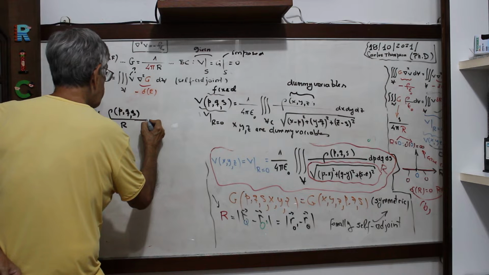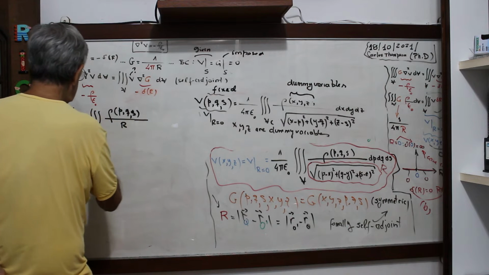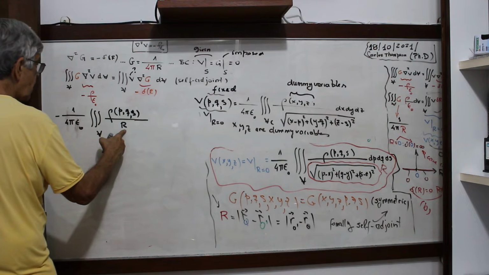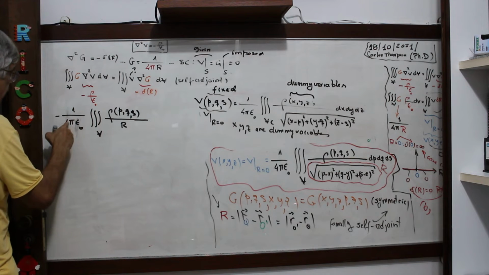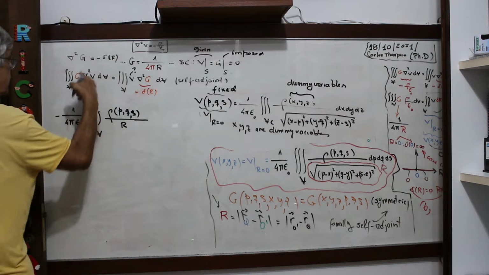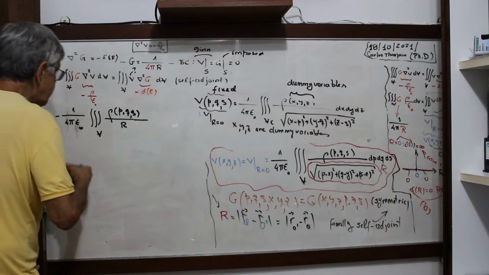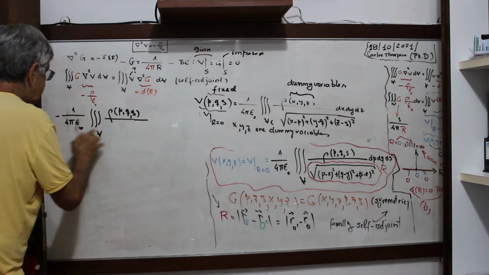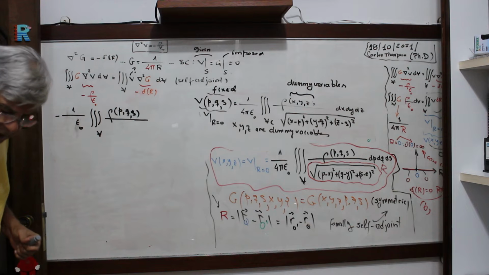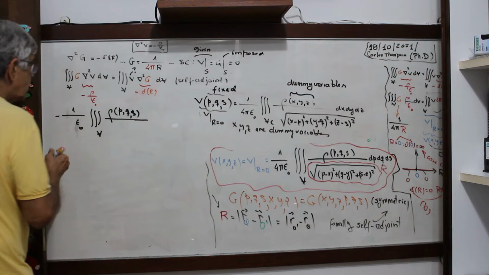This is G, already did here. Look, minus 1 over 4 pi R is G. I'll just put colors here just so you can see clearly. I'll put the same color. See the color of G here.